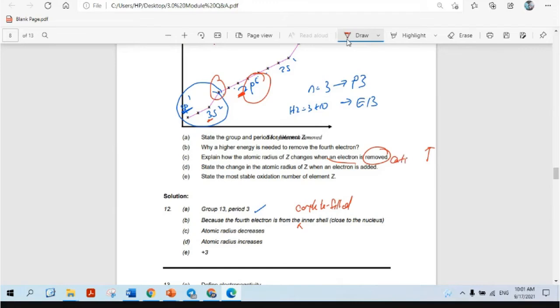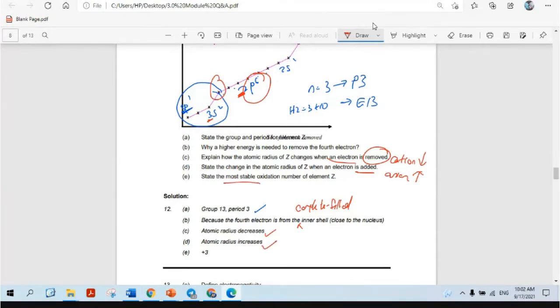If cation, the size is smaller. This one, added, anion. So anion, the size is bigger. Always remember, if comparing the atom versus the ion, cation, the size is smaller. Anion, the size is bigger. So atomic radius decreases for cation, atomic size increases for anion.